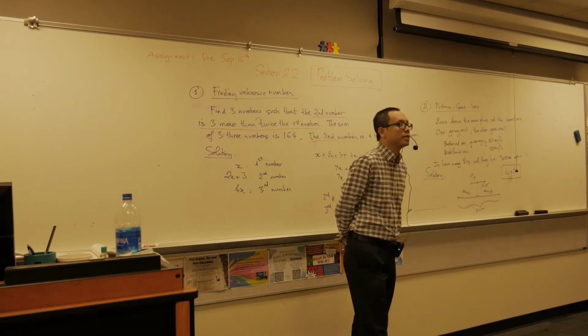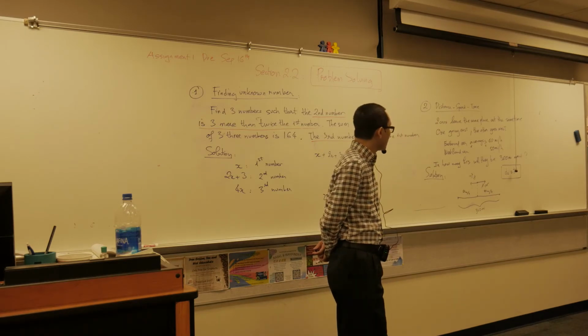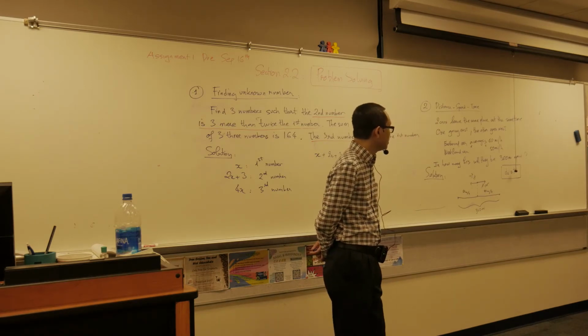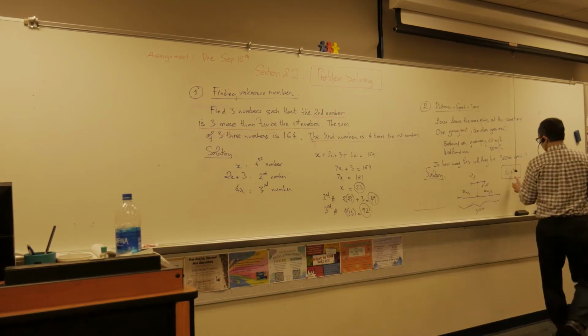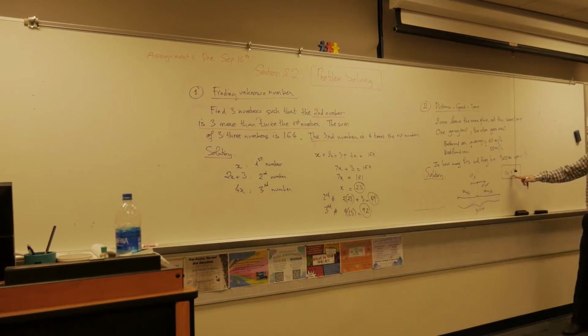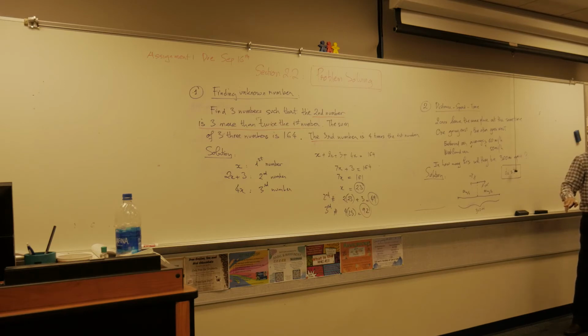What does 50t mean? Because 50 is the speed, and 50 times t gives you the distance, right? If you multiply the speed by the number of hours traveling, it gives you the distance the car traveled.